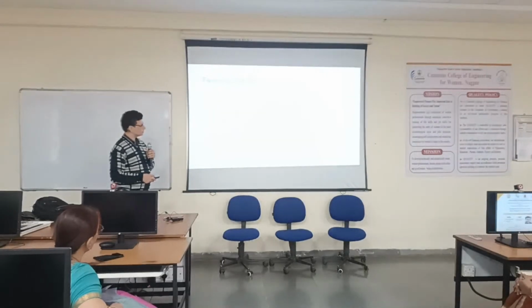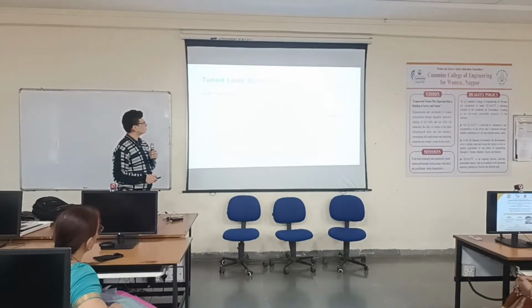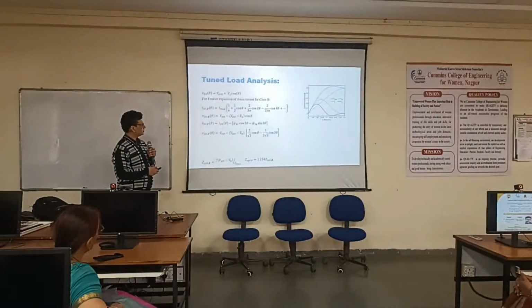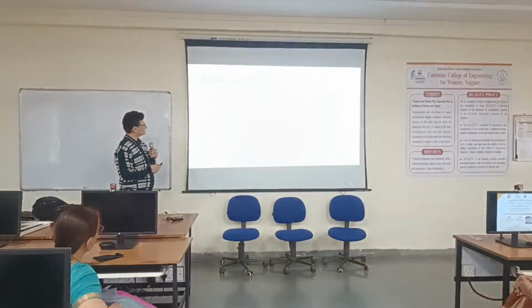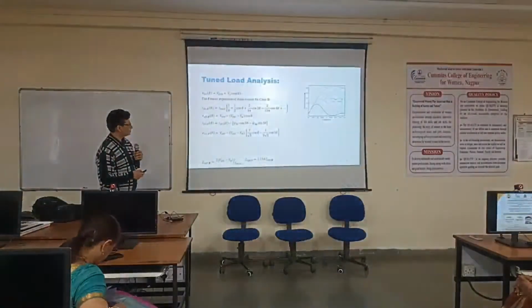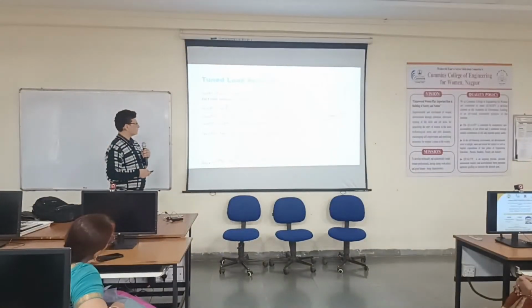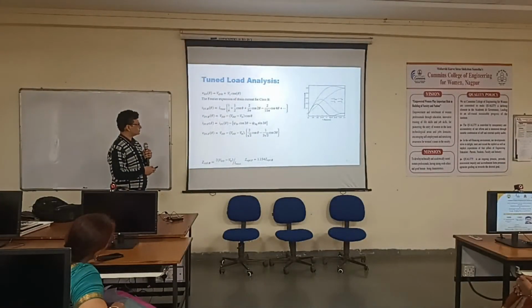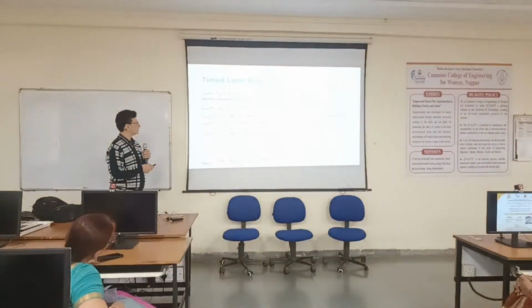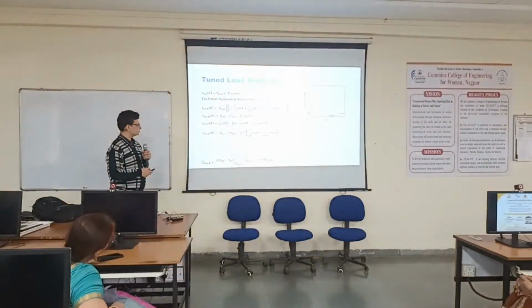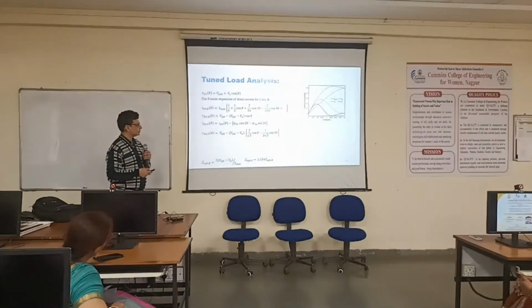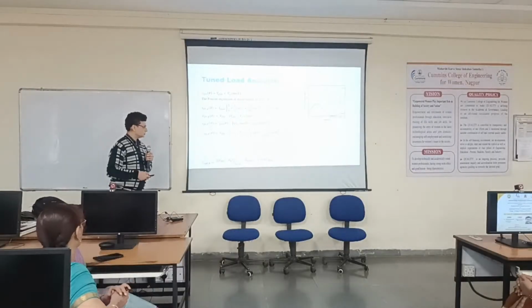If we go back a little further, we can keep writing the expressions for the drain current and the drain to source voltage for various classes of amplifiers. For a class B amplifier, these are the expressions for the drain current and drain voltage. For a class F amplifier, these are the expressions.